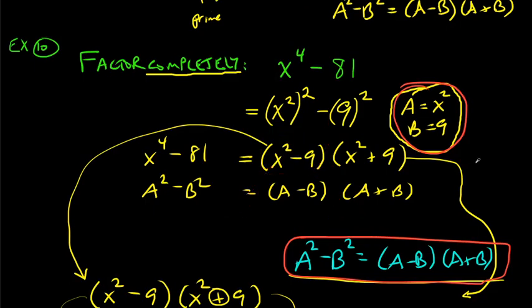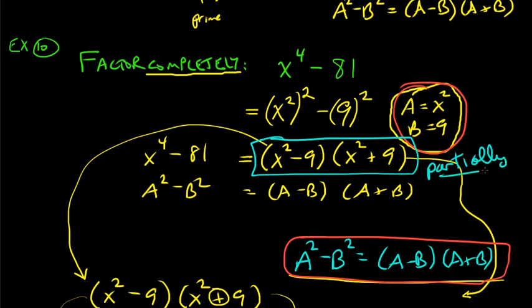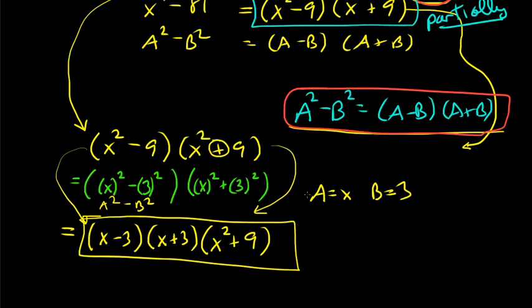The point is, if you leave your answer like this, you will get partial credit because it is factored, but it's only factored partially, right? So you're only going to get partial credit. Down here, this answer will give you full credit because it is factored completely.